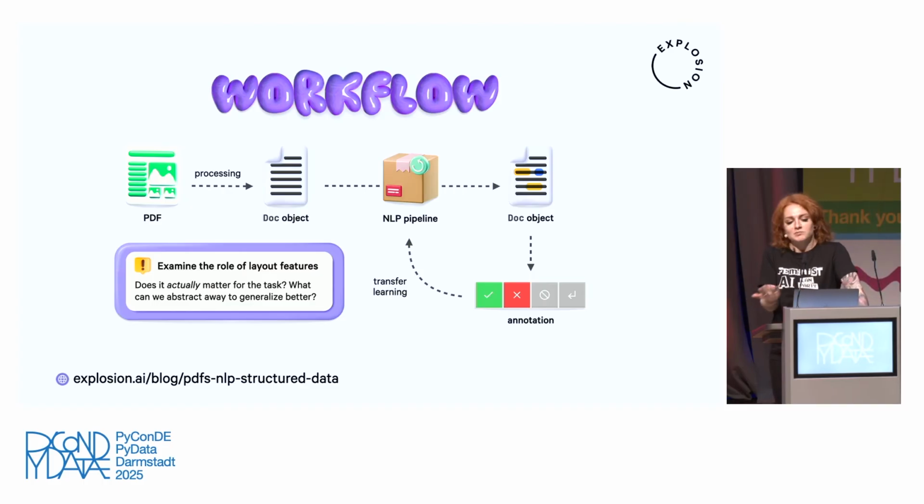But what we've seen from looking at a lot of documents and use cases is that it helps to take a step back and think, how much does this layout really matter, and how much can you abstract away, because your model will always generalize better if you don't include layout features, for example, whether something is a headline or what type of text it is, how it's laid out, where it is on the page. Is that really relevant? If you could take it out, it can generalize better.